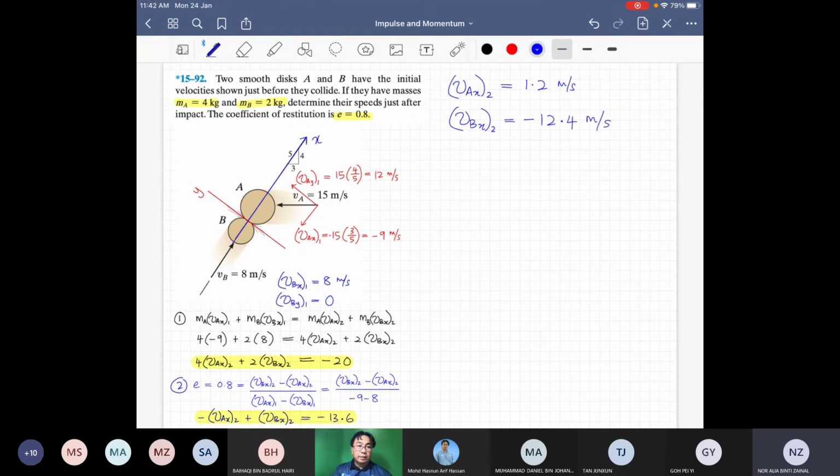Okay, so ini kita dapat dalam x-axis sahaja dulu. Okay, kita dapat dalam x-axis sahaja.